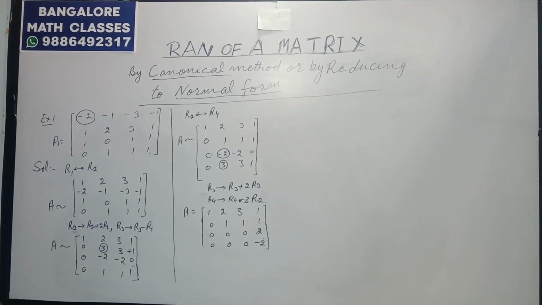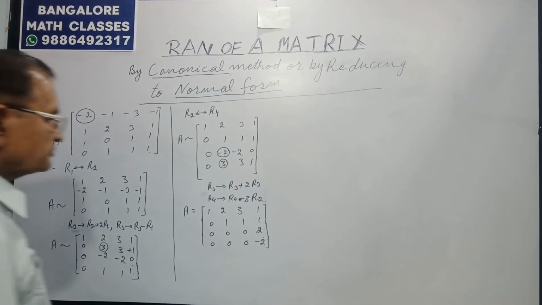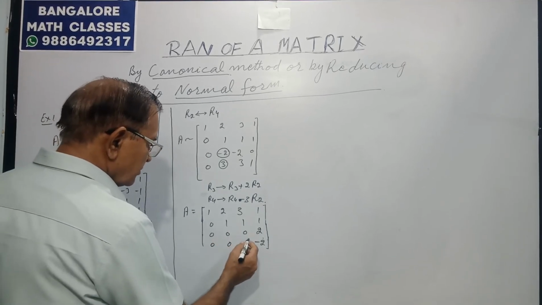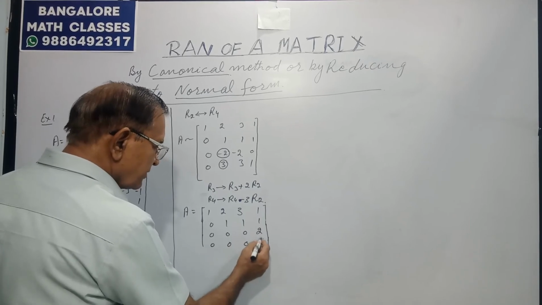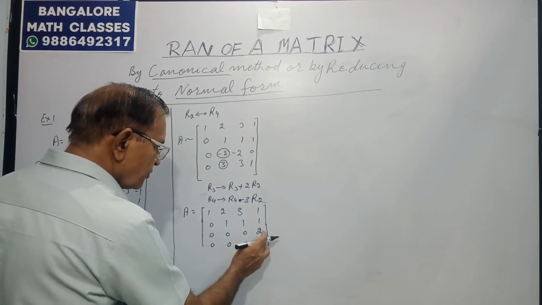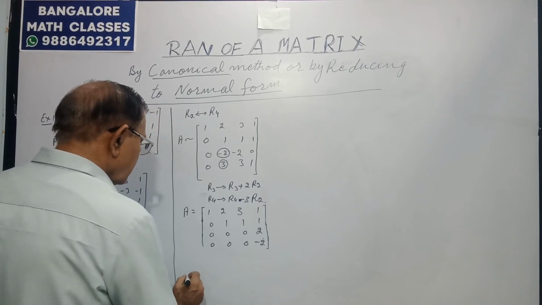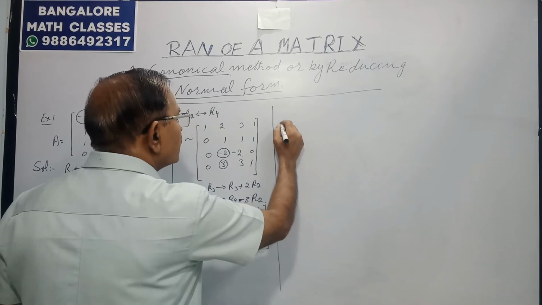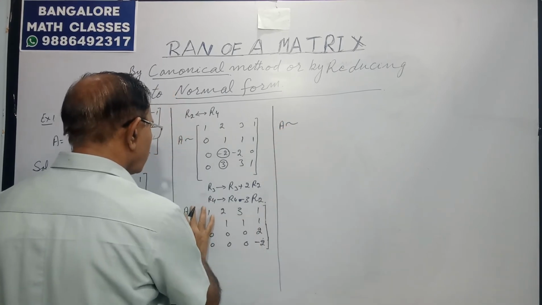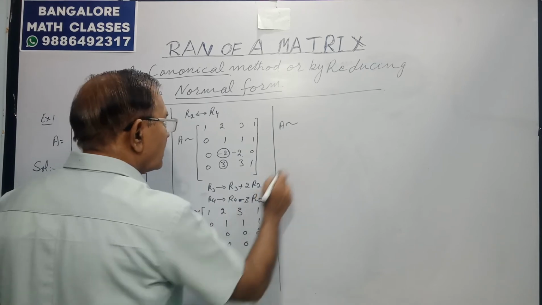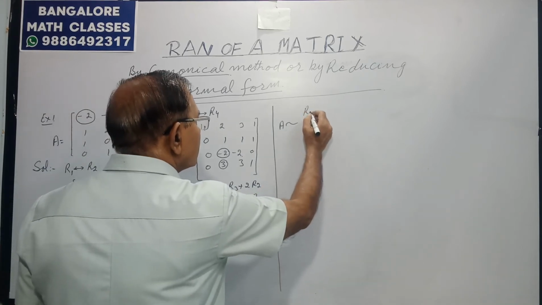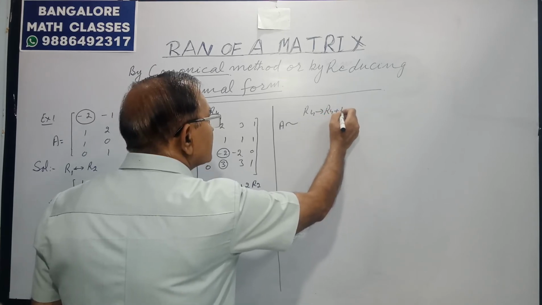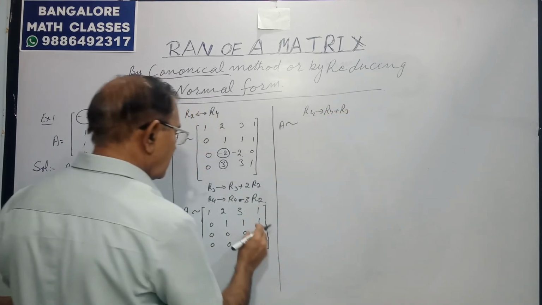So see, next: 1 below 0, just see here, add 2 and we will get 0. Then next I want R4 to R4 plus R3. Add these two.